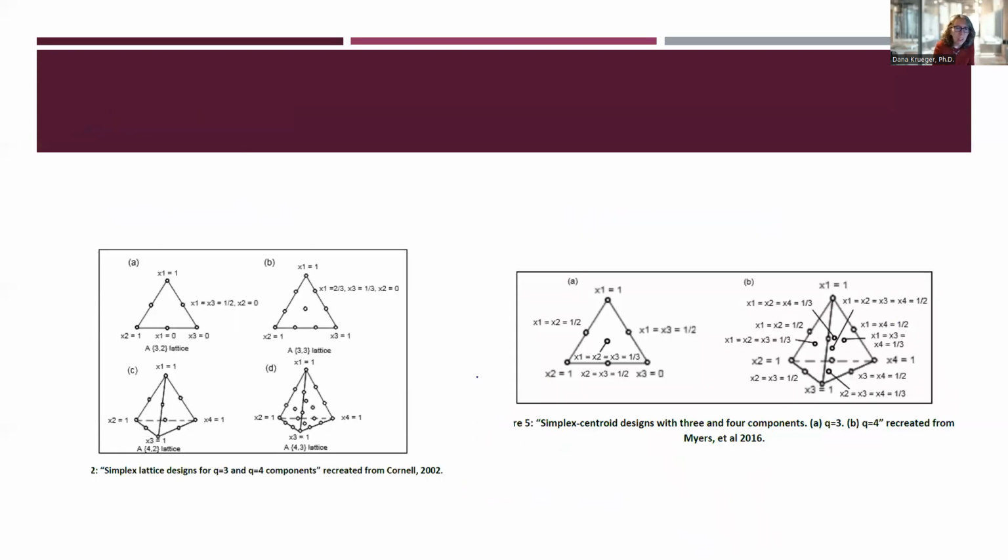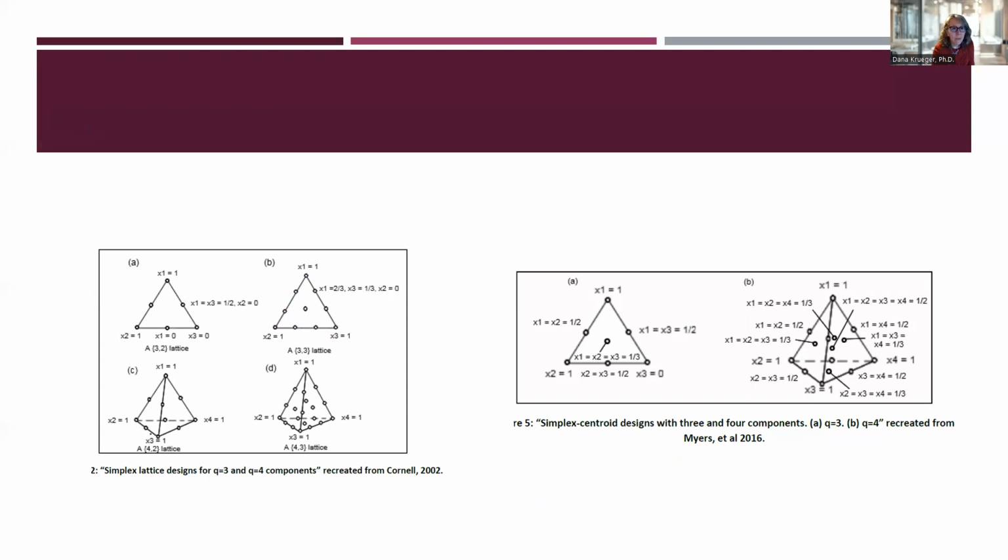Here are some more professionally drawn figures of the design space. So if we add another M in that equation and say, hey, we want to test at 3 different levels, a 0, 1/3, 2/3, and 3 for each of my 3 components, then that's what this lattice is going to look like.